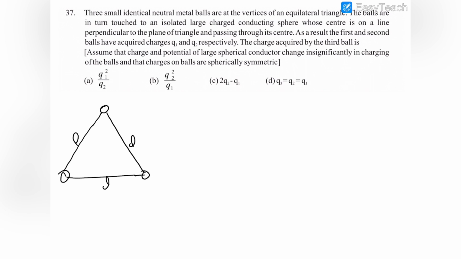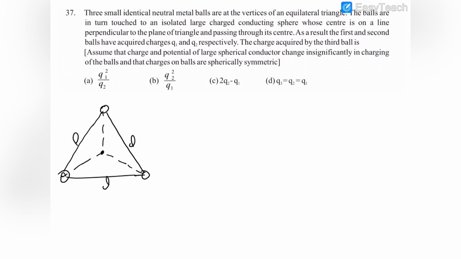And there is a huge ball which is isolated, a charged conducting sphere, and the center of that ball lies on the line perpendicular to the plane and passing through the centroid, which means that you can imagine a line coming out of this plane and passing through the centroid, and there is a huge sphere which is made to contact with all three of them.